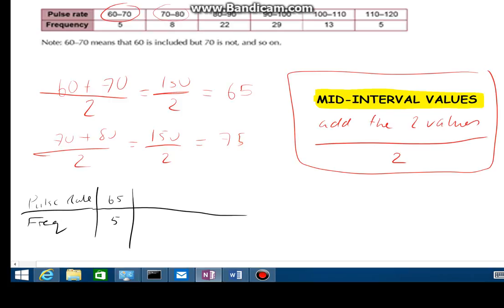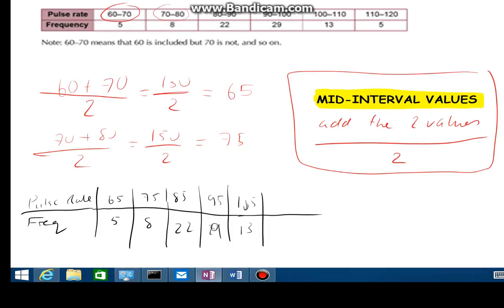The next value is now 75, and the frequency of it stays the same. It was 8. Next value 85, frequency is 22. Next value is 95, and the frequency is 29. Next value is 105, and the frequency is 13. And the last value is 115, and the frequency is 5.